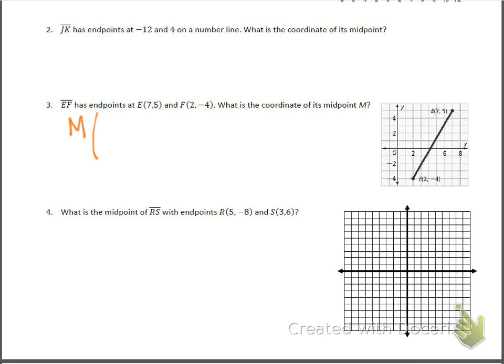To find the x-coordinate of the midpoint, I take the average of the x-coordinates. So the x-coordinates are 7 and 2. So our first point is going to be 7 plus 2 divided by 2, comma. That's the x's. What about the y's? How do I find the y midpoint? 5 plus negative 4 divided by 2. Close the big parentheses.